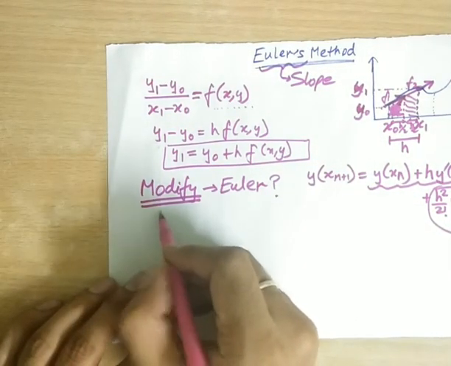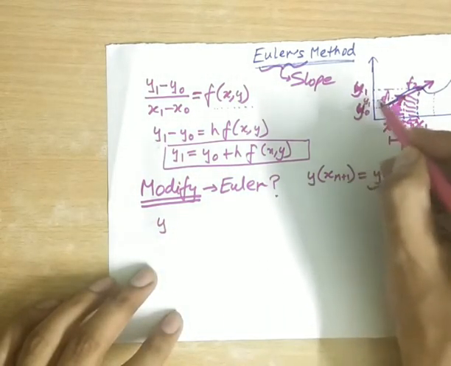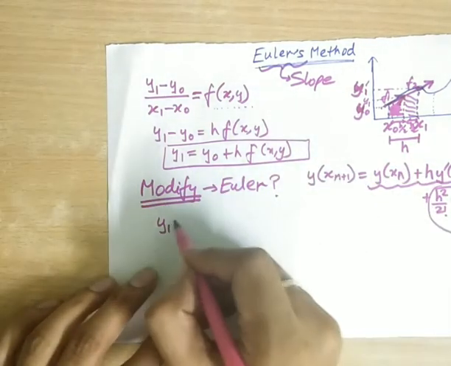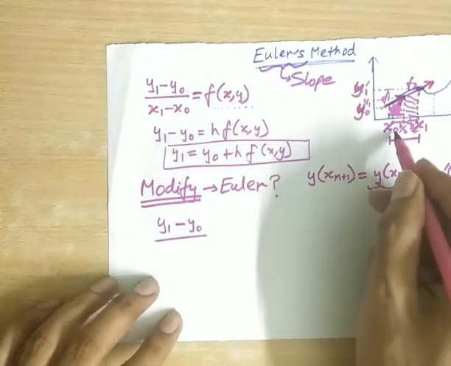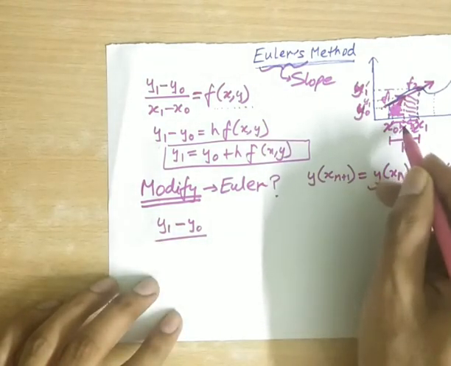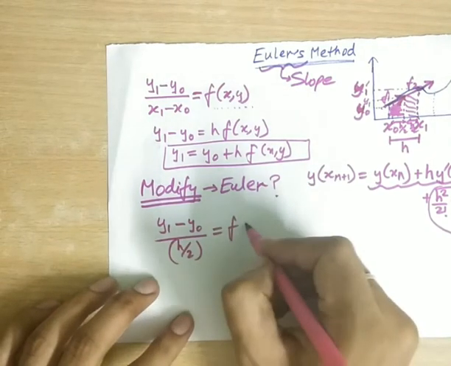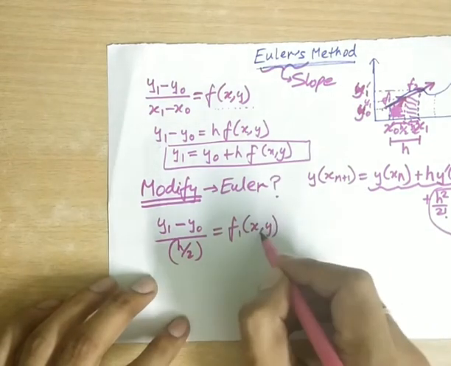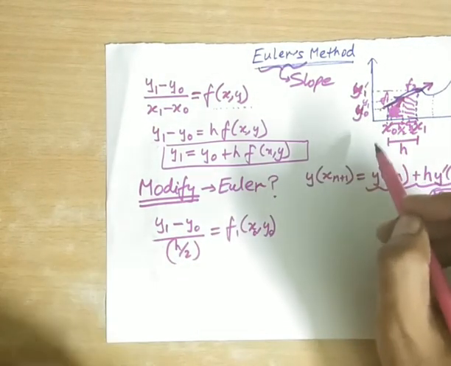For the first part we will have y1 prime, so y1 prime minus y0 over h by 2 is equal to f1 of x comma y, and in this we put the initial values, because we know only the initial values.